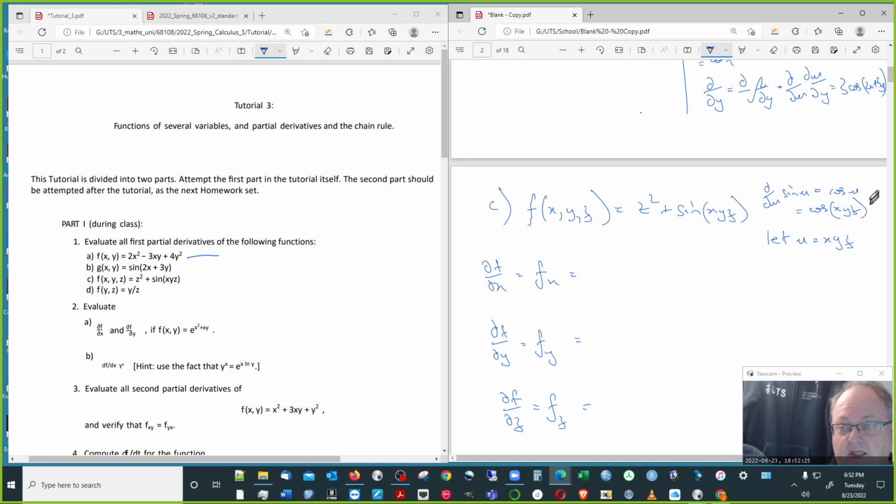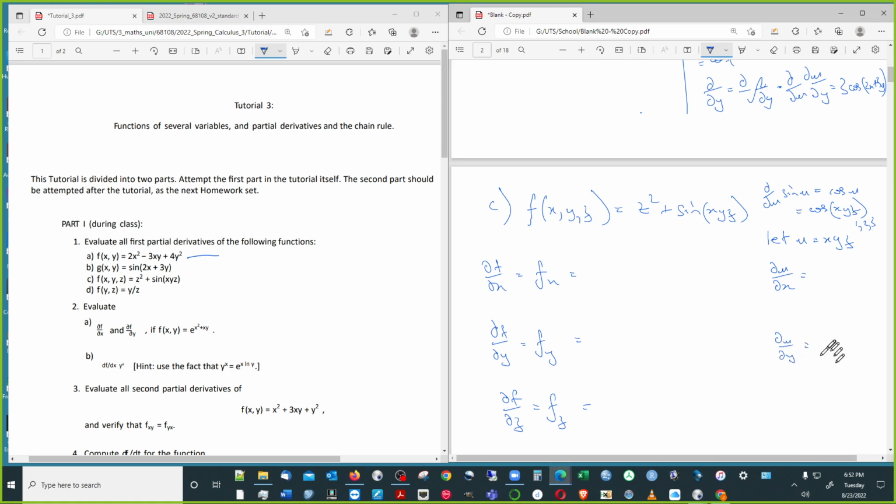So we'll repeat that 1, 2, 3 times, because that's the first part of our chain. So here we'll get the partial u with respect to x, the partial u with respect to y, and the partial u with respect to z.